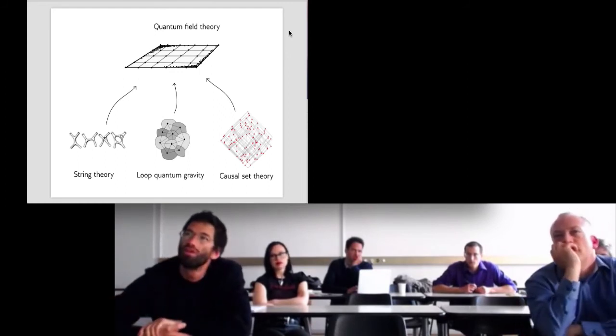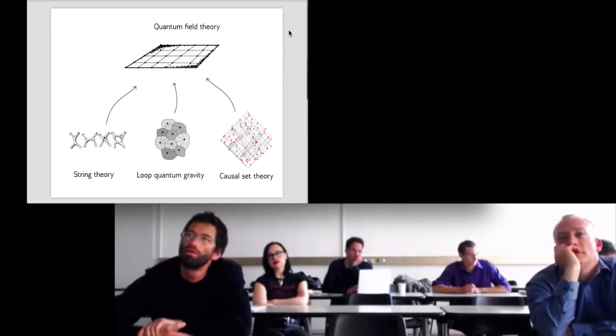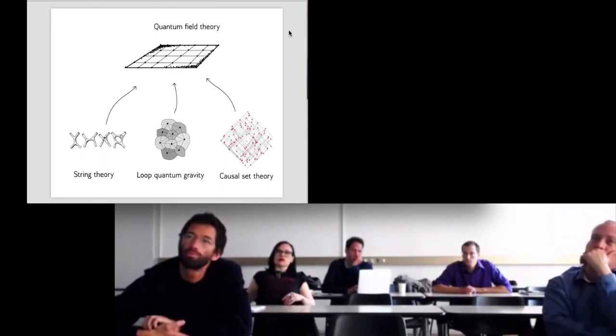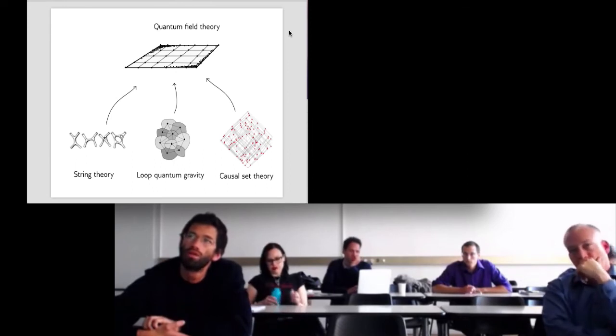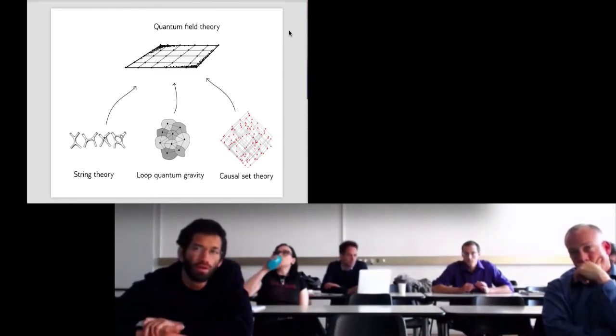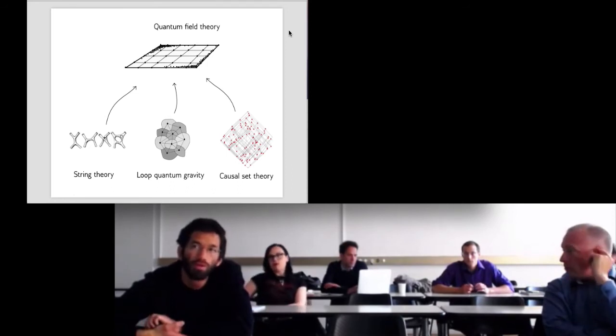Yeah, so certainly in the case of string theory, you resolve some of the ultraviolet problems of the theory. Similarly, I think for loop quantum gravity, I'm less familiar with causal set theory. But in the case of string theory, which is the one I'm at least mildly familiar with, the large order divergence difficulties that are present in quantum field theory are also present in the perturbative characterization of string theory that we have.